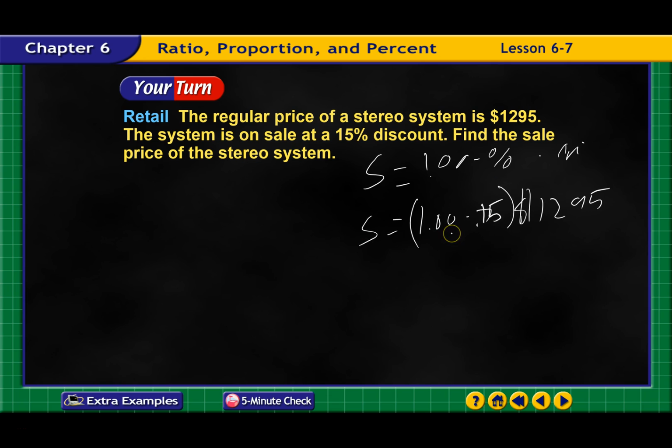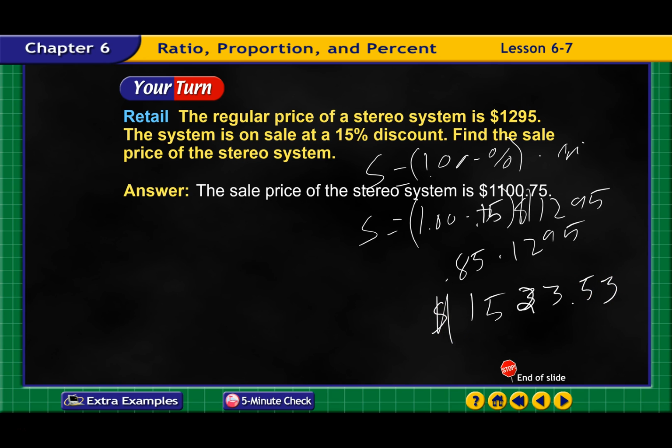And those would be actually in parentheses like that. And so that comes out to 0.85 times 1295. Punch that into my calculator. 1295 times 0.85 equals, I get 1523.53 after you round that up.